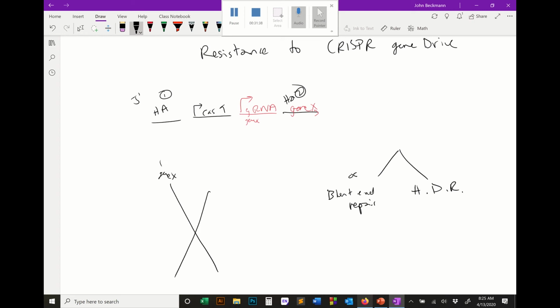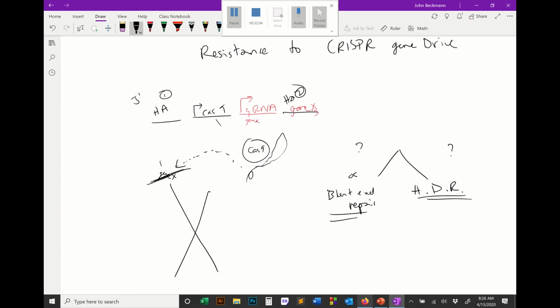Now let's draw out again what's happening, but under a different scenario. Here's gene X on the chromosome. Cas9 gets made into protein, and the guide RNA complexes with the Cas9. It's targeting gene X, and it cuts it at gene X. Now the cell has a choice, like I described in the last lecture: does it do homology-directed repair, or does it do blunt end repair?